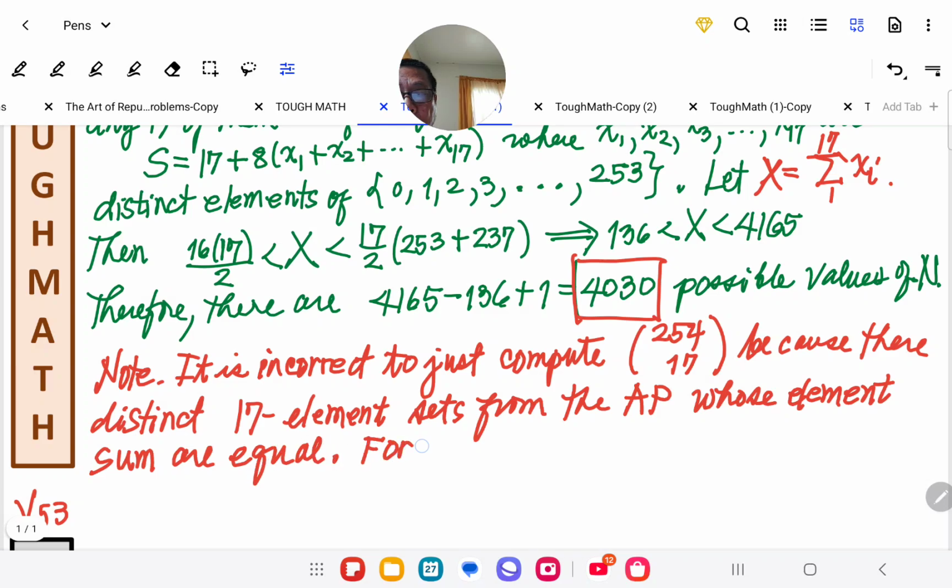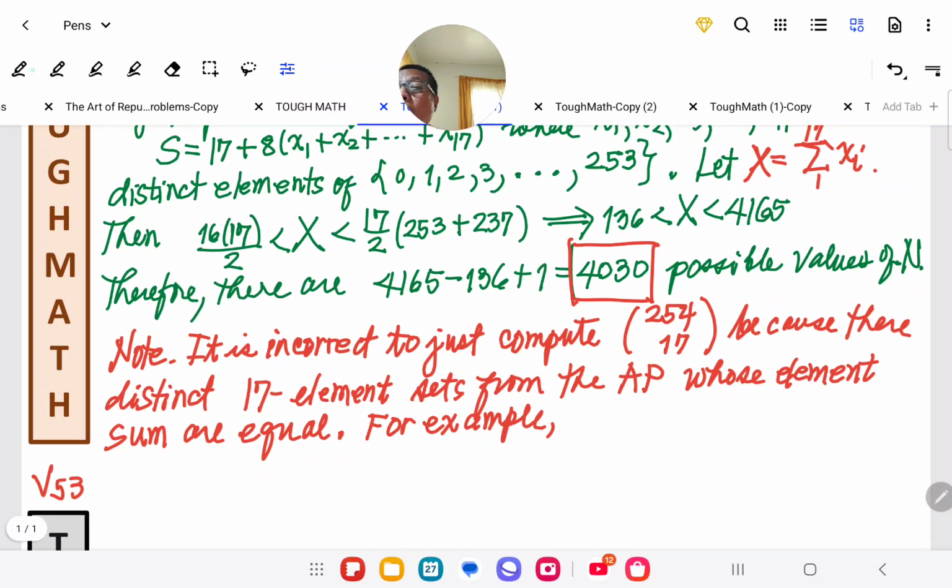For example, consider the following sets.